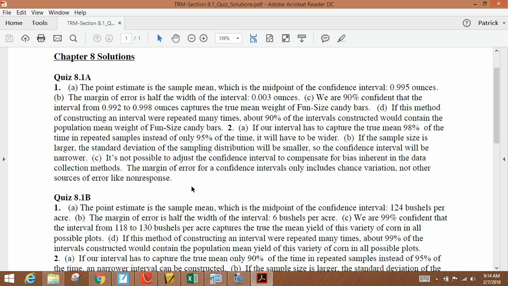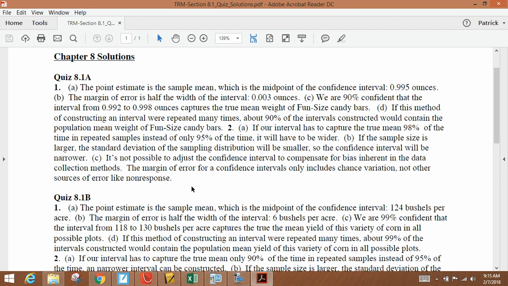But the solution says that's not a fair thing to do, because what you're doing is taking into account bias that is created by your collection method, and the margin of error only accounts for bias that occurs because of the sample, because of variation in the sample.